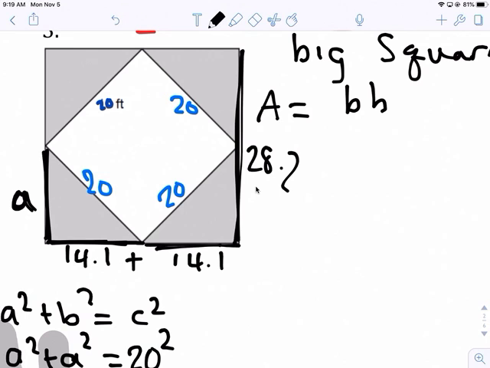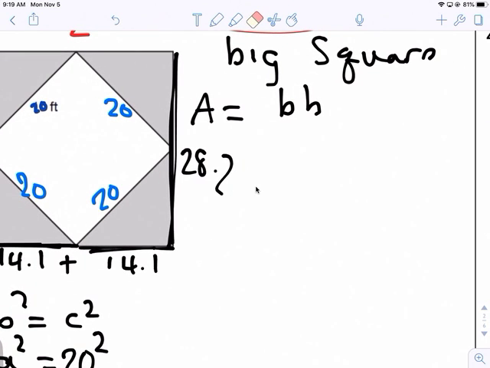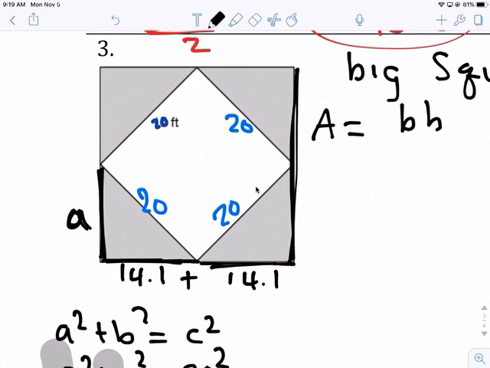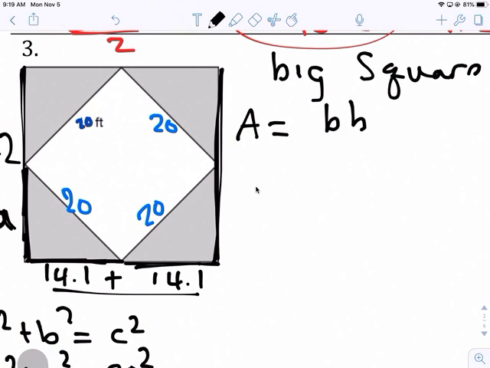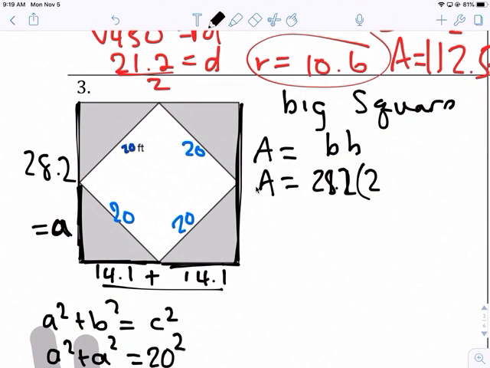It's a combination of those. So base and height, I give myself room. This whole side here is 28.2, add these together too. So base and height, 28.2 times 28.2.